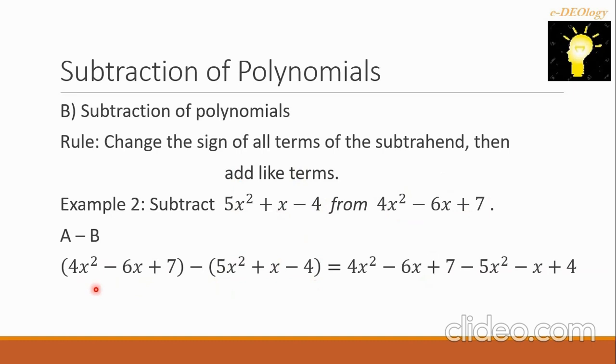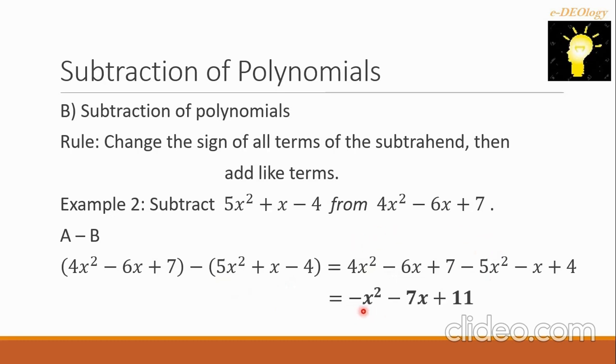See here, the 4x squared minus 6x plus 7 are simply copied here without the grouping symbol. Then for the second polynomial, the 5x squared is positive here, it becomes negative. The plus x becomes negative x, the negative 4 becomes positive 4. And from here, we will combine similar terms. The 4x squared and the negative 5x squared, we can add together.